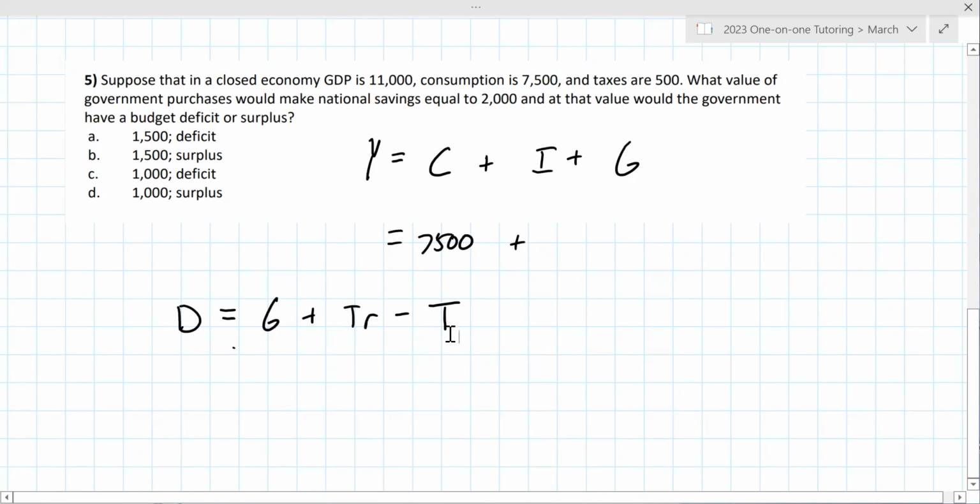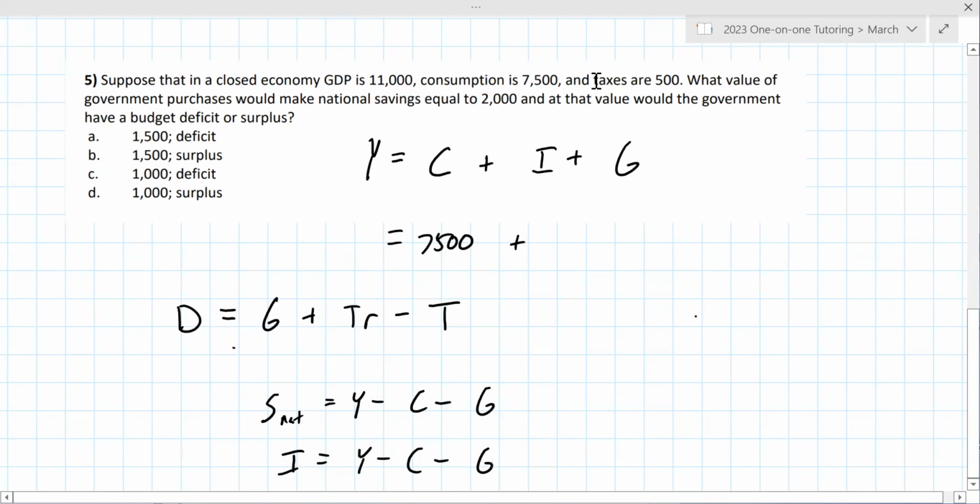Taxes are 500, consumption is 7,500. Total national savings equals Y minus C minus G. So that's investment. That's your I. Your I is Y minus C minus G. Okay. What value of government purchases?